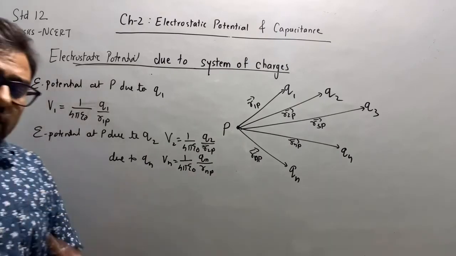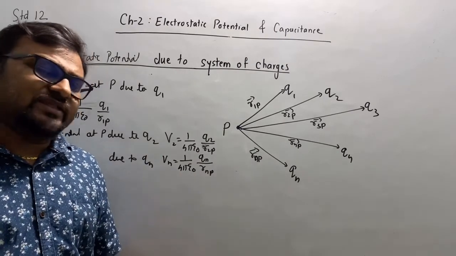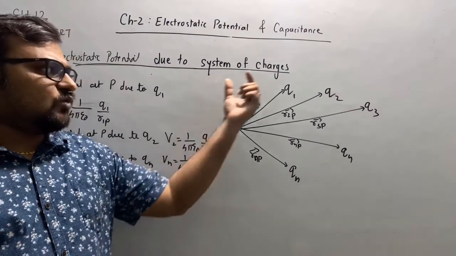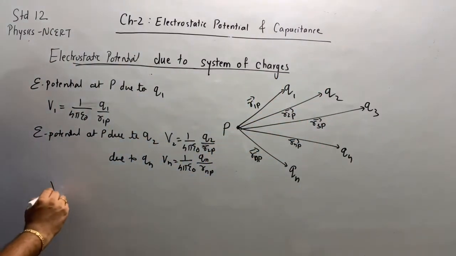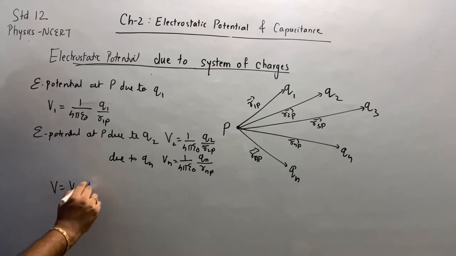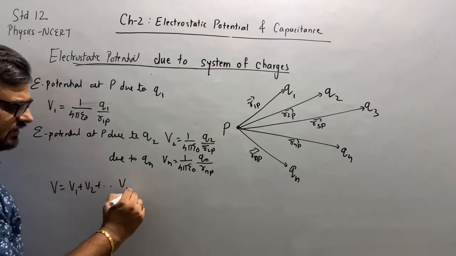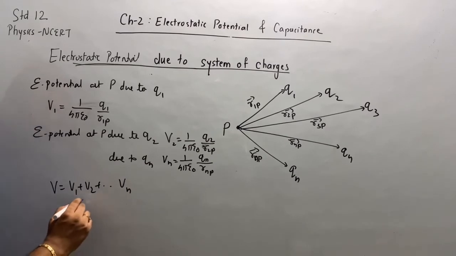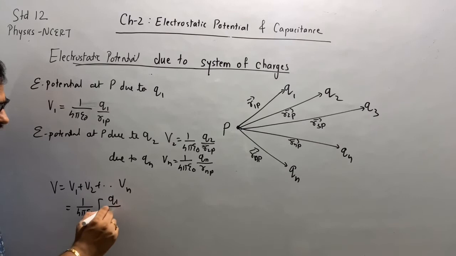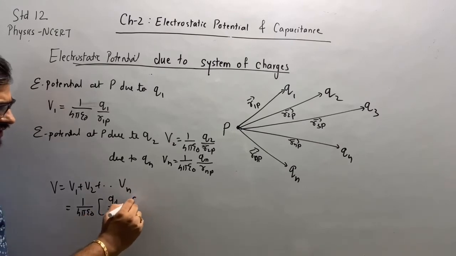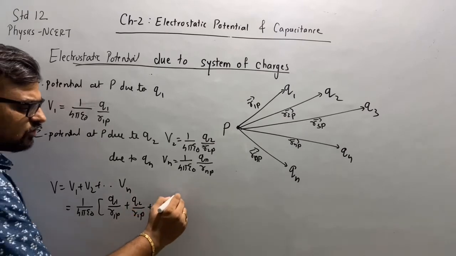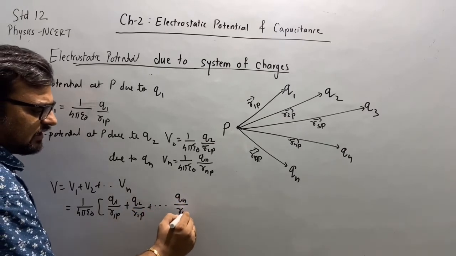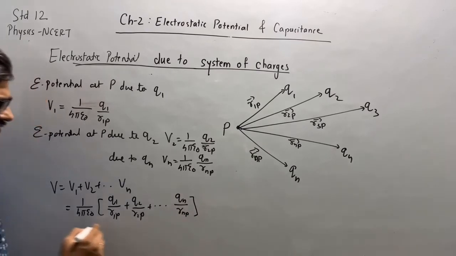So the total potential will be the sum of potential due to each charge. So V will be equal to V1 plus V2 up to Vn. Everywhere I can see 1 by 4 pi epsilon 0 is common. So it will be Q1 by R1P plus Q2 by R2P up to Qn by RnP.